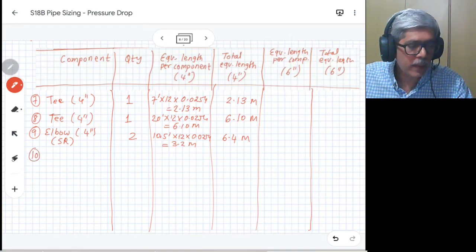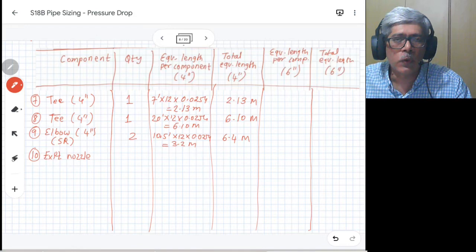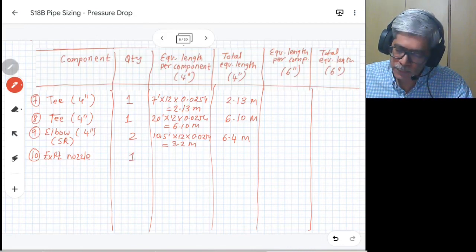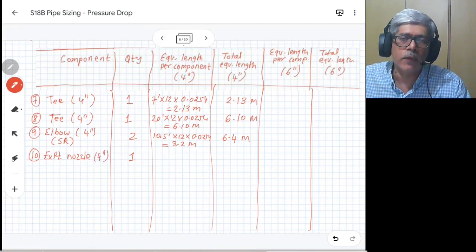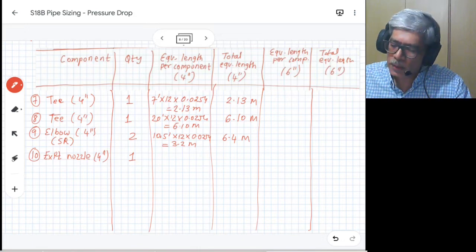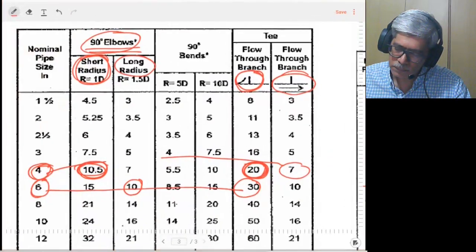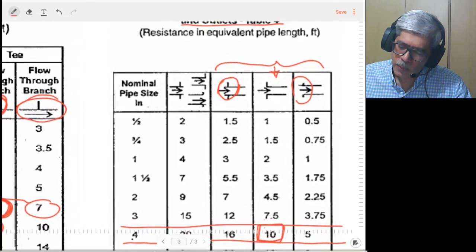And finally we have the exit nozzle, where the flow goes from the pipeline into the vessel. So we have to calculate the losses at the exit. There is one nozzle of again 4-inch size. So we have to calculate what is the equivalent length for exit through a 4-inch nozzle. The inlet and outlet are given.